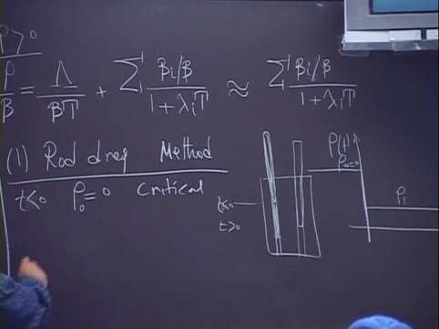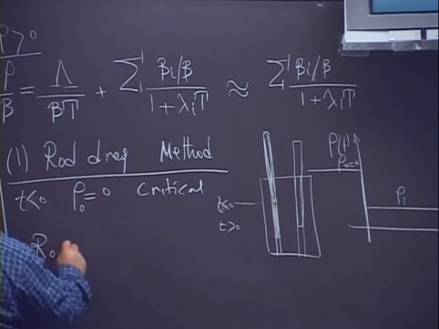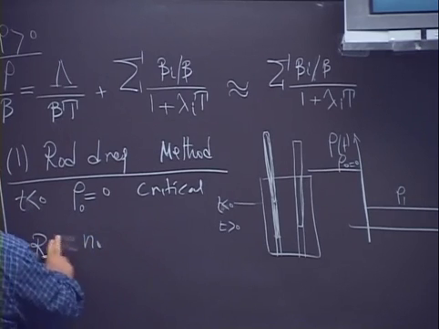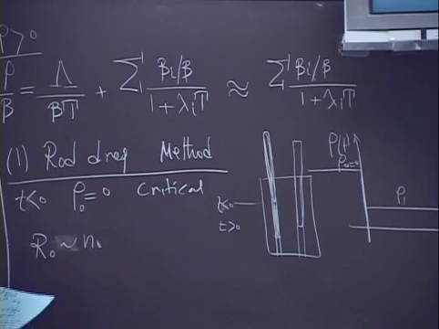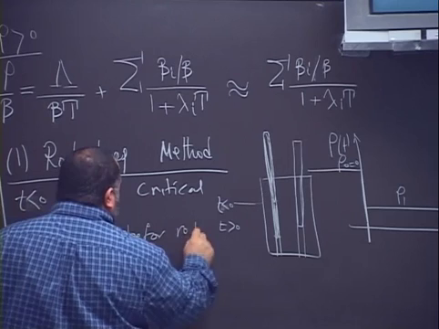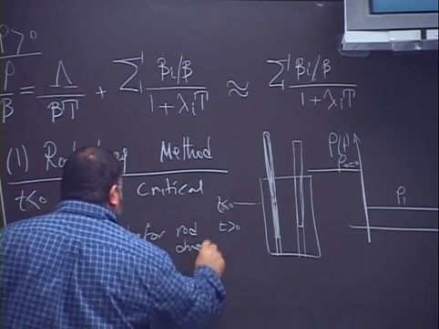So the initial detector response R naught is proportional to N naught, and this is just before the rod drop.